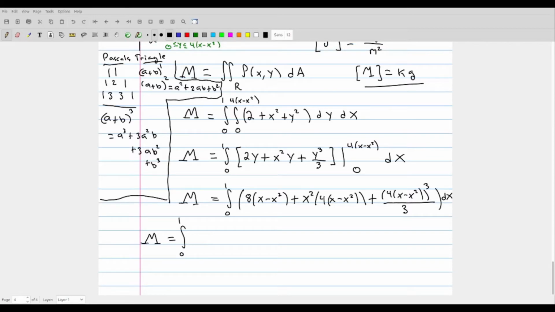It's going to simplify to negative 64 over 3 times x to the 6, plus 64 x to the 5th, minus 68 x to the 4th, plus 76 over 3 x cubed, minus 8x squared, plus 8x.